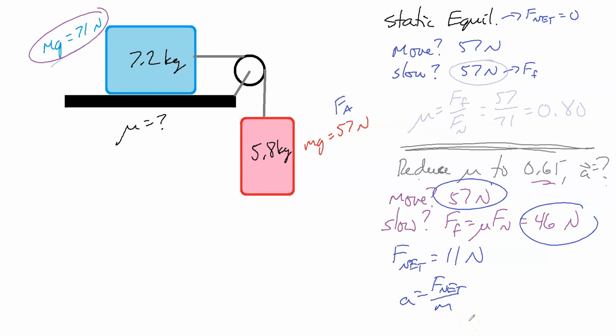And remember, the two are tied together, so you want to use the total mass altogether. So I've got that 11 newtons of net force divided by the total mass of 13 kilograms, and I will get an acceleration of 0.85 meters per second squared. And obviously, it's going towards the right, I guess.